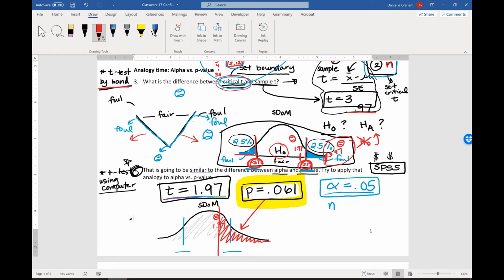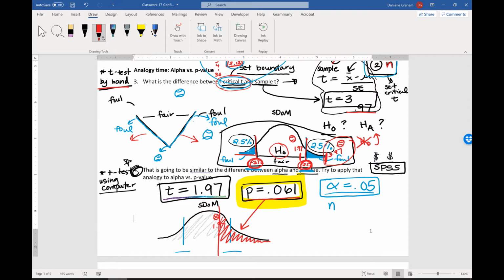So this p-value it's giving us is telling us the probability associated with where our specific baseball landed, where our specific sample t landed on our curve. So it's being even more specific than saying in or out. It's saying here's the total probability of what you're seeing happen.